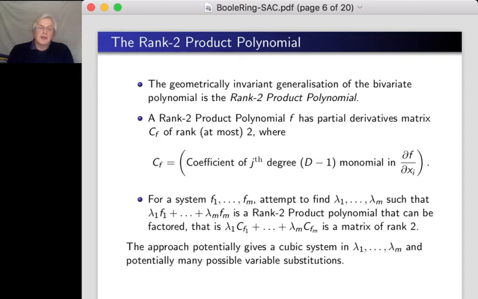So we're attempting to find a matrix of rank 2, and a matrix of rank 2 has all 3 by 3 subdeterminants equal to 0. So each 3 by 3 subdeterminant will give a cubic system in the lambdas. So we can potentially find a solution for lambda 1 to lambda m by generating a cubic system and then solving this cubic system, and that would then potentially give us variable substitutions.